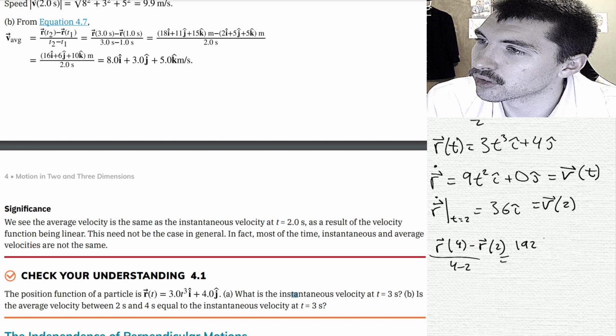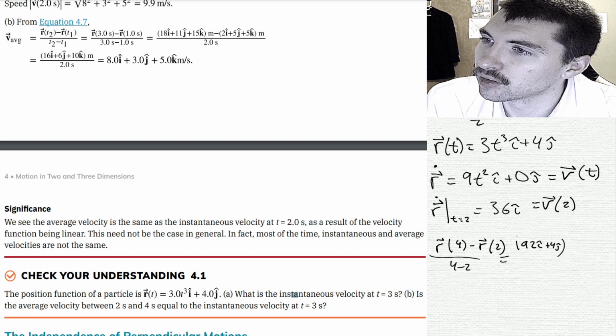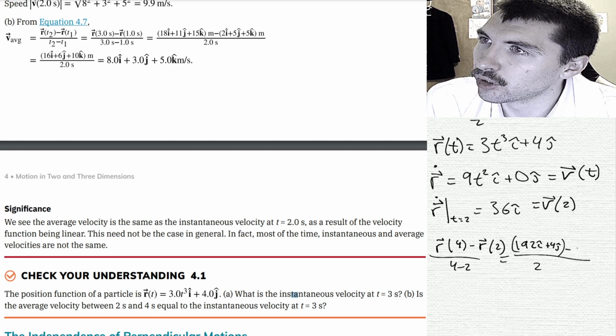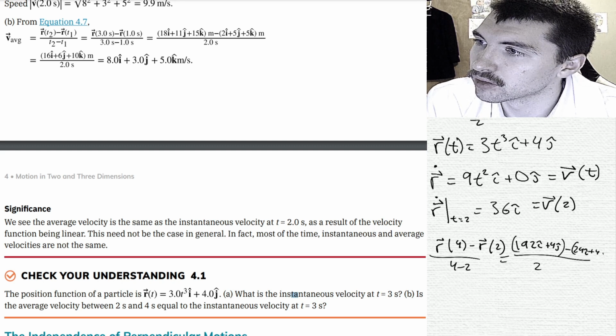So it'd be 192 I plus 4J, minus 2 cubed, so 2, 4, 8, 8 times 3 is 24, so 24I plus 4J.